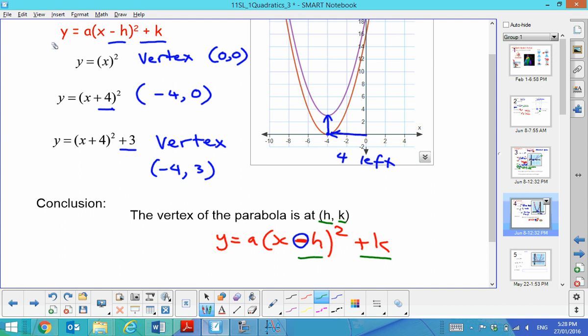So x plus 4 is like going x minus -4 squared. So that's why our vertex here is at -4 and plus 3.